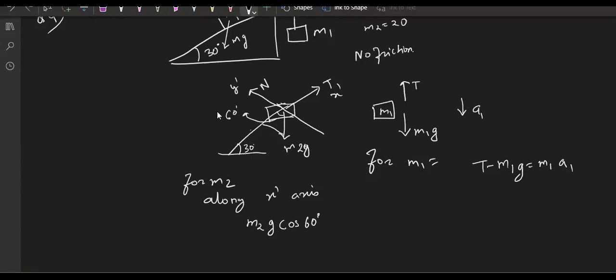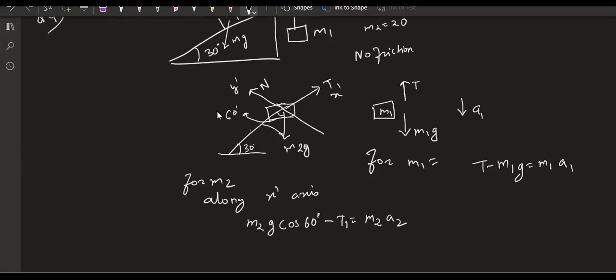Yes or no? Force into cos theta minus T1 is equal to M2 into A2. Yes or no?